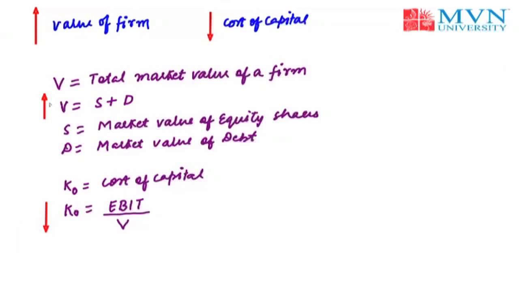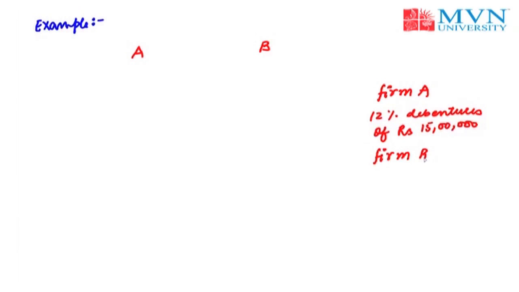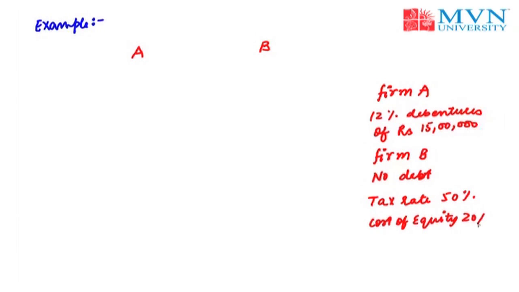Now let's check it by using an example. There are two firms, A and B. They are identical in all respects except for the debt equity mix. The only difference is between their capital structure. The firm A has issued 12% debentures of rupees 15 lakhs and firm B has no debts. The tax rate applicable to them is 50% and the cost of equity is 20%.